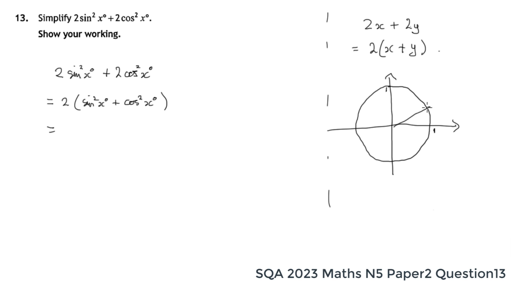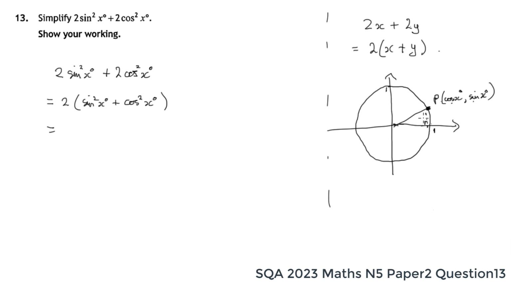And if we put a rotating radius in that circle, then the x and y coordinates of that point are the values of cos x and sine x. So the height of that point is always the sine, and the x coordinate is always the cosine.